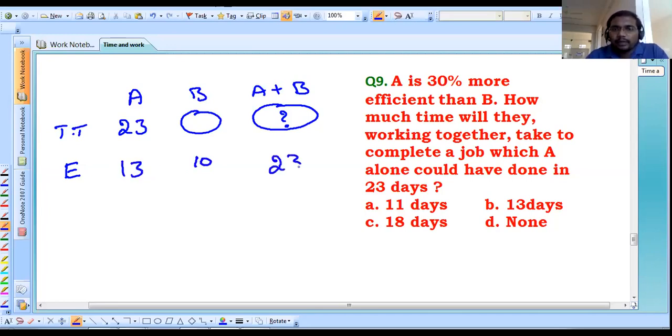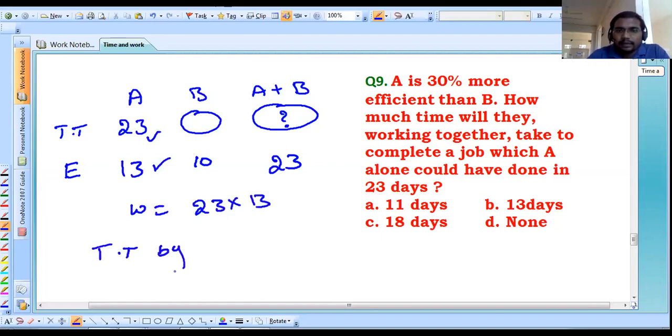Total of A and B could be 23. Now, work is equal to time into efficiency. That is 23 into 13. Working together, how much time will they take to complete the job? Time taken by A and B together.